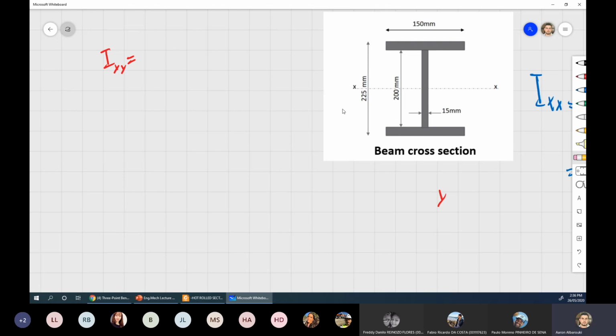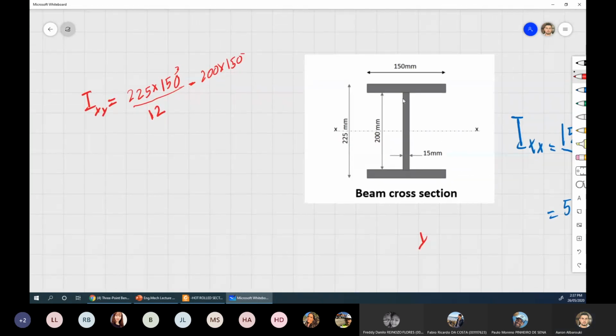So my IY value, the larger one, B is 225, multiplied by H, 150 cubed, divided by 12, minus this large rectangle here, whose height is 150 and width is 200, so 200 multiplied by 150 cubed, divided by 12, plus I have to add this one again, whose width is 200 again, multiplied by 15 cubed, divided by 12.